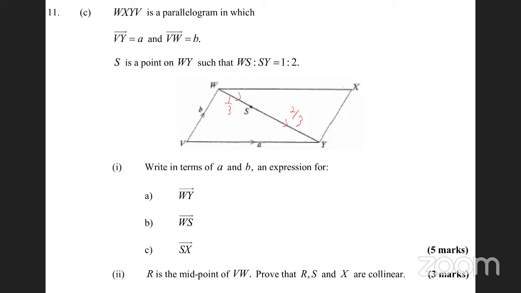That's why you need to look at numbers and what you get. Find WY and WS and SX. Draw a line S there, right?